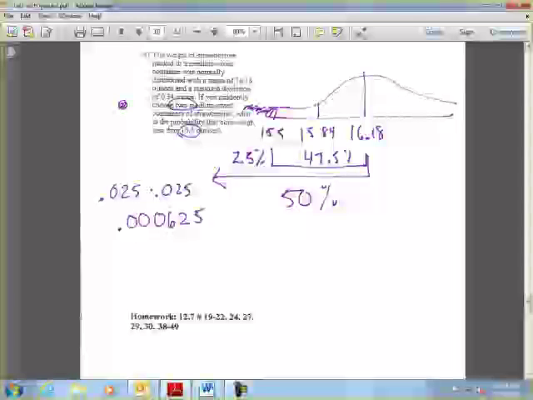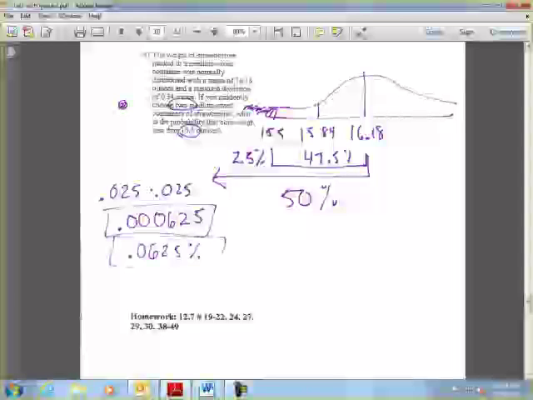The graphing calculators will actually give that to you in scientific notation. It's going to say 6.25 times 10 to the negative 4, or e negative 4. So you'll need to make sure that you adjust that decimal. Since the question says what is the probability, we can just leave it right here as the decimal, but if you're more inclined to percents, you can change it to the percent, but just make sure you use your percent symbol.